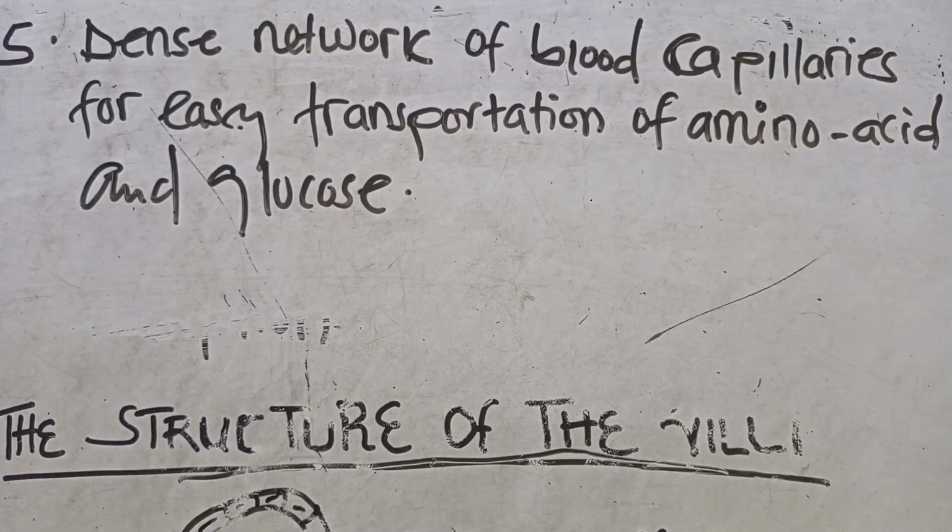So another point that we are going to talk about is that it is narrow. Okay, the word narrow means small. So this brings digested food close and in contact with the walls of the ileum for easy absorption.